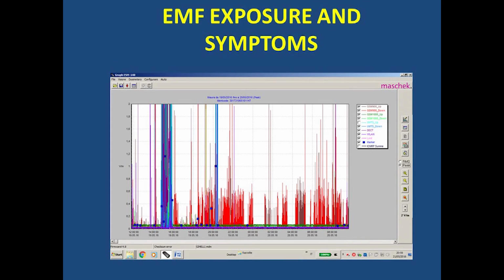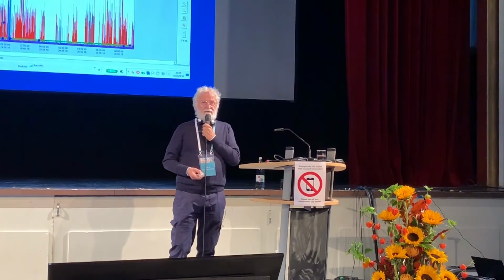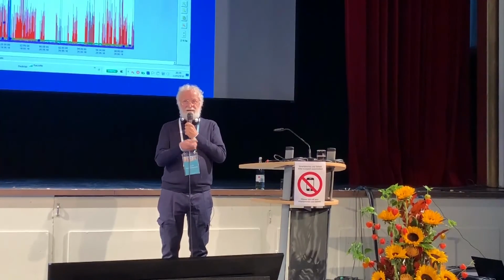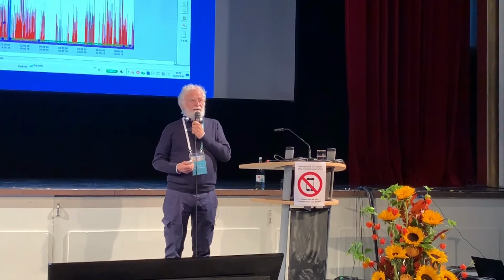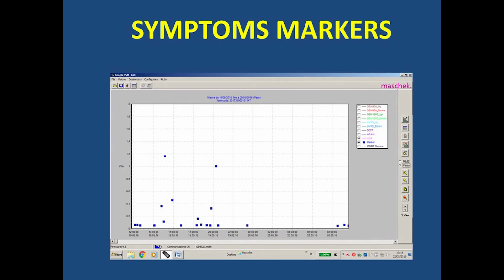So we tried to give them an exposure system, a recorder which records the exposure, and they have the possibility to insert a marker when they have symptoms, and to keep a diary of the symptoms, in which it was possible to make a correlation between the symptoms and the irradiation.